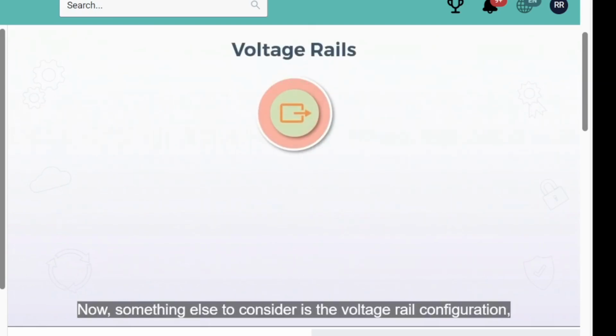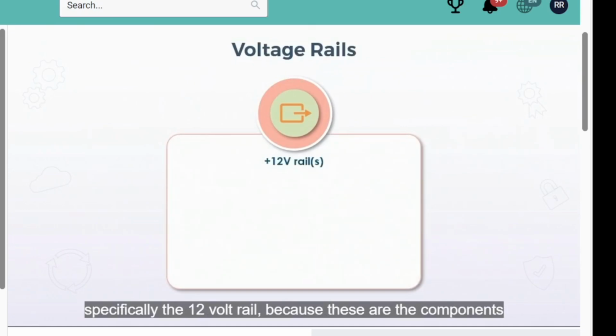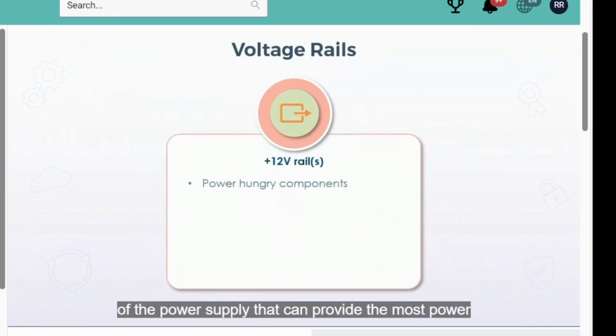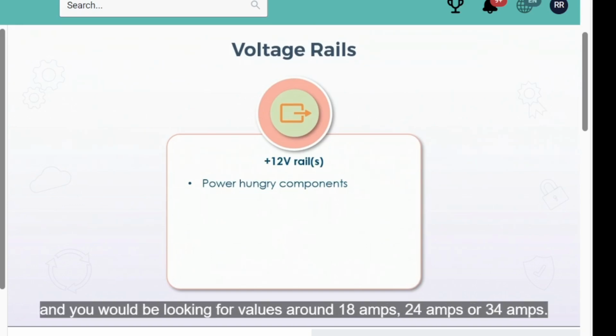Now, something else to consider is the voltage rail configuration, specifically the 12-volt rail, because these are the components of the power supply that can provide the most power to the components that require the most power. So you'll often see amperage ratings for the 12-volt rails, and you would be looking for values around 18 amps, 24 amps, or 34 amps.